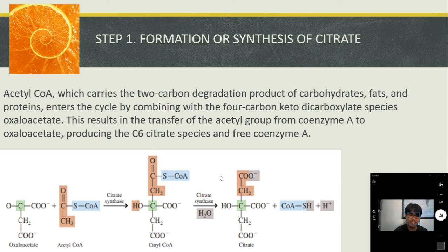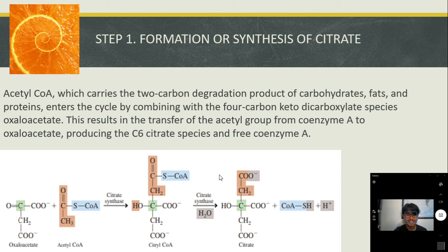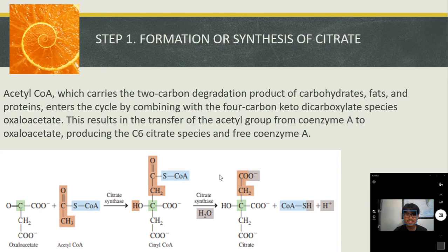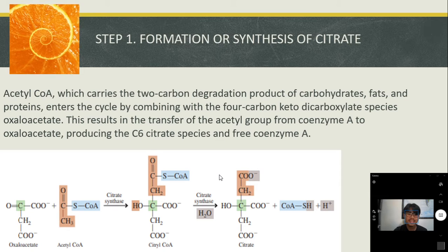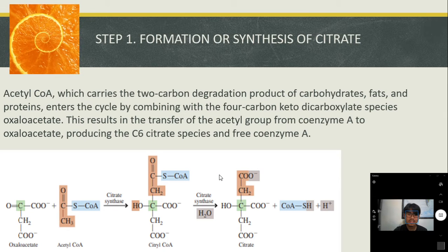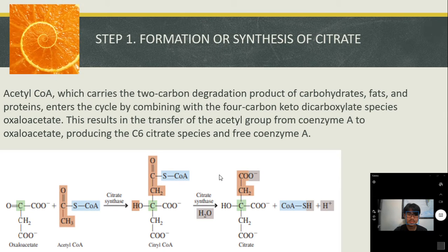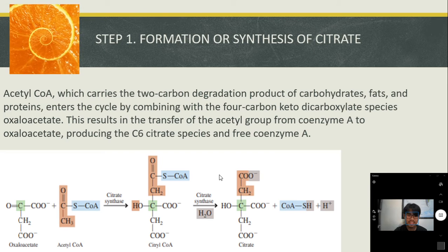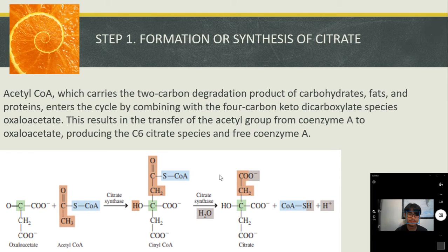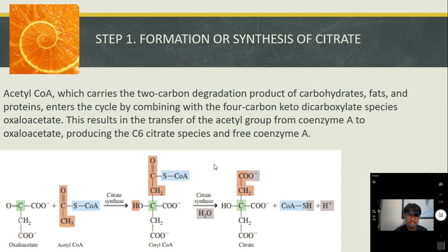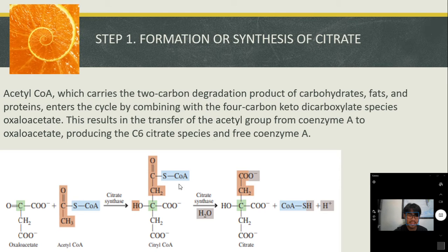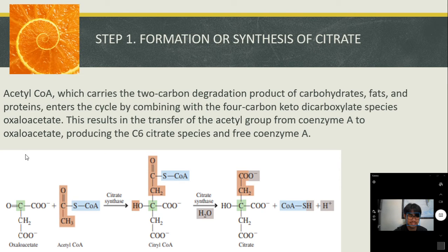citryl-CoA, a process catalyzed by the enzyme citrate synthase. Second is the hydrolysis of the thioester bond in citryl coenzyme A to produce CoA-SH and citrate, also by the enzyme citrate synthase.